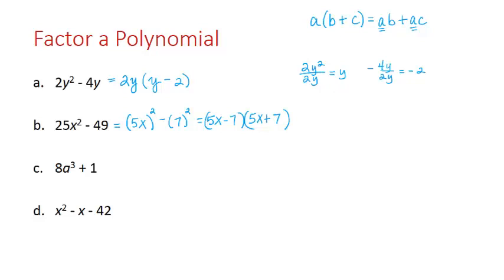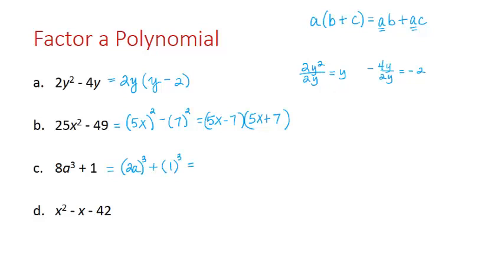8a cubed plus 1. This is a binomial. Again, there's no common factor, but I notice that 8a cubed is a perfect cube. In fact, if I cube 2a, I get 8a cubed. 1 is a perfect cube. If I cube 1, I get 1.